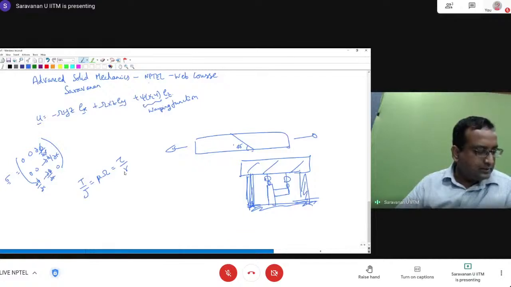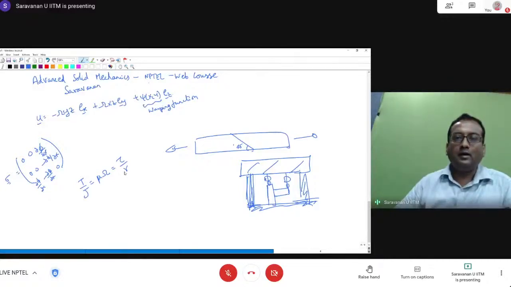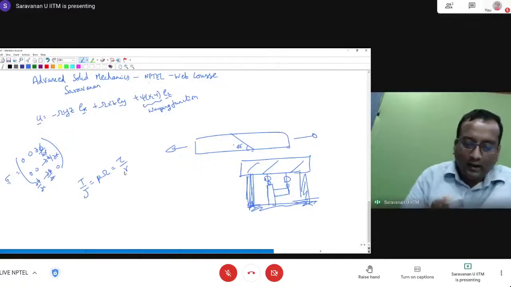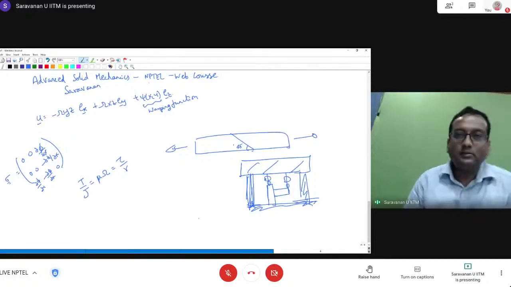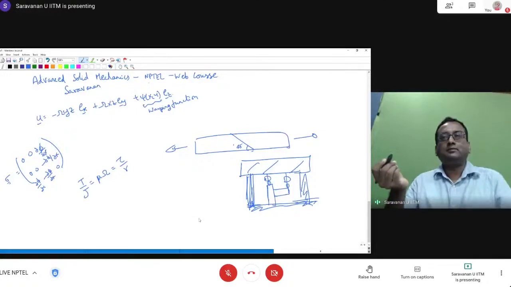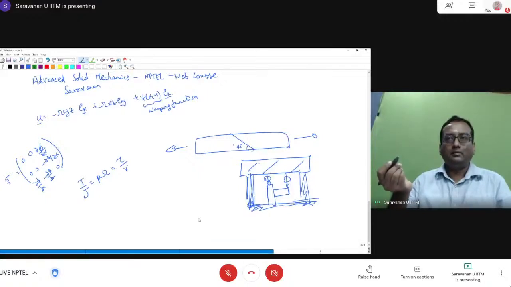See, principal stresses, you don't need a software to find them. Especially in three dimensions, you'll have the characteristic equation, a cubic equation, which you have to solve. That in most cases will boil down to a quadratic equation.